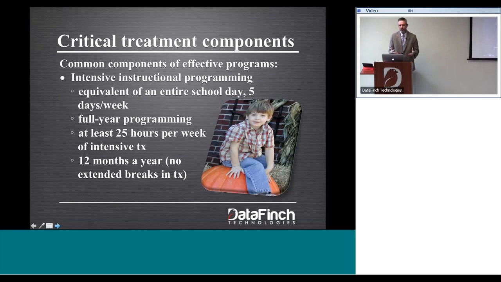And you'll hear various numbers about what this needs to be and what is considered intensive intervention. In some cases, it's more like 30 or more hours per week. But it basically needs to be a full-time job. In essence, this kid needs meaningful, deliberate, precise instruction all day, every day. And it tends to be the case that the more that you can provide, the better.